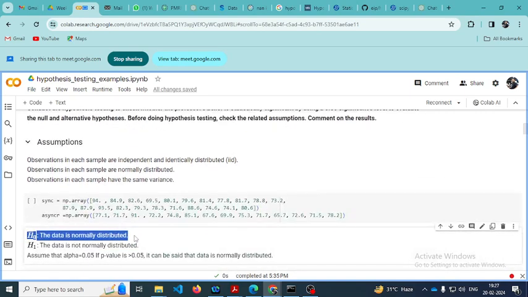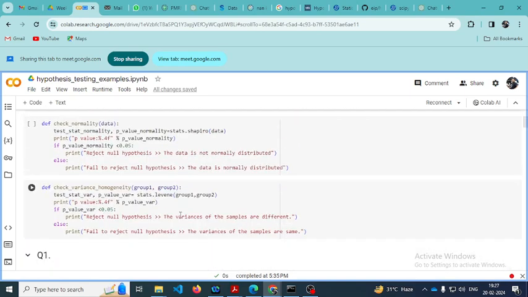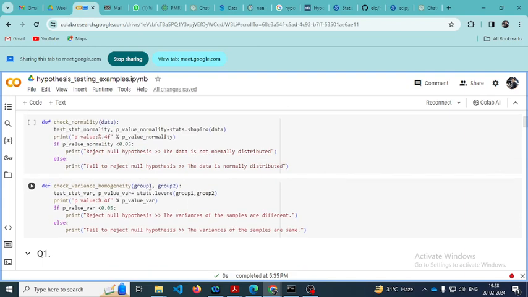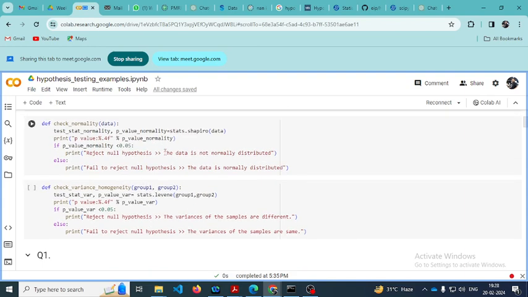So it is not normally distributed data. After the rejection, you can display a message, you try to print that: it is rejected, this is not normally distributed data. Your assumption H naught is normally distributed data, so you consider this based on the p value.